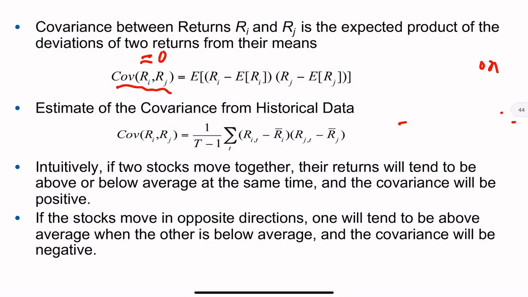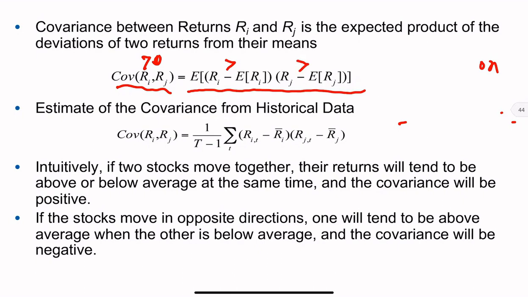How do you get this result, right? Why, if you have a positive value here, would you know that I and J tend to move together? Well, look at this formula. If the left-hand side is larger than 0, then it means that most of the time, if Ri is larger than the expectation of Ri, then Rj should also be larger than the expectation of Rj.